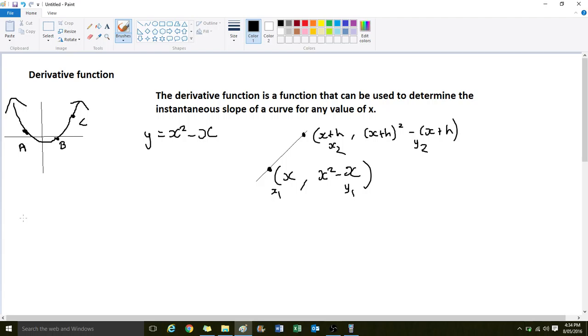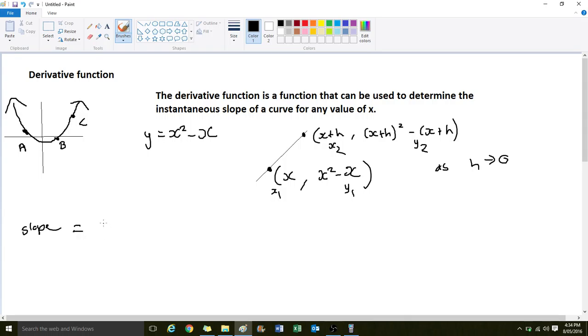So our slope is going to be, and again I'll put it up here, where h is approaching 0. So h is a very small number. The distance between these 2 points is infinitely small. They're very close together, but we can use it to approximate the slope of the line.